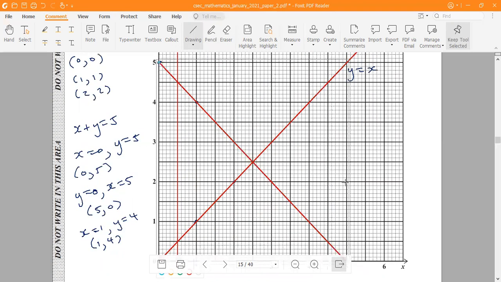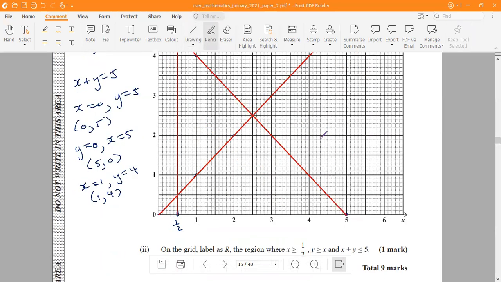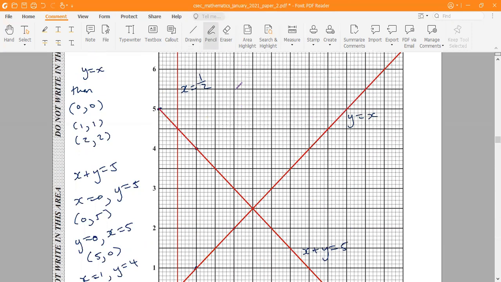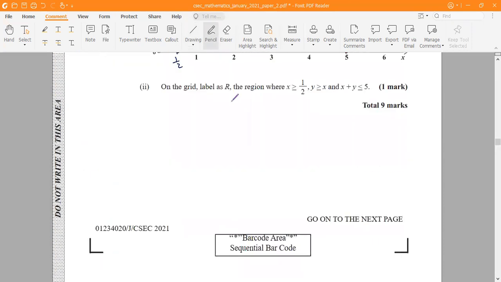So that graph is x plus y is equal to 5. We have our 3 graphs in red here. And let's move on to the next part of the question.